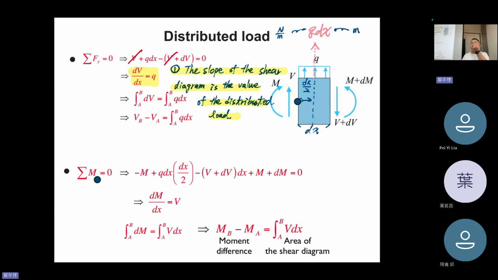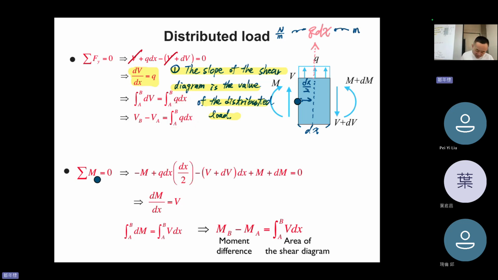It's just an infinitesimal, small distance. And when we are talking about a real length, we need to do the integration, right? So a and b, whatever points, integral from a to b of dV equals integral from a to b of Q dx. And then after doing the integration, we have Vb minus Va equal to the integral from a to b of Q dx.